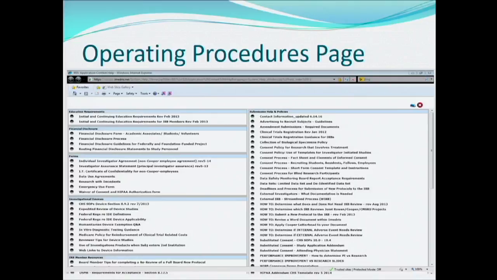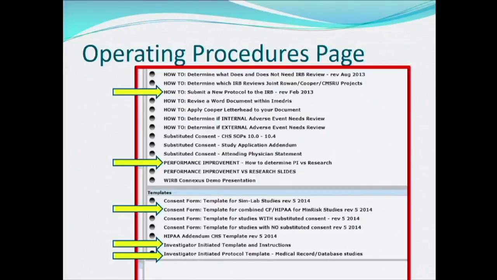The how to submit a new protocol to the IRB document is very lengthy, but it gives you a very good explanation of all of the steps. I would encourage you to use this until at least your first or second time, until you get familiar with the process. It's also good if you're serving as a mentor to give to your residents and fellows, if it's their first time submitting to the IRB, to use as a checklist to complete the process.